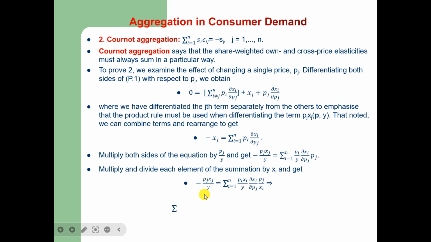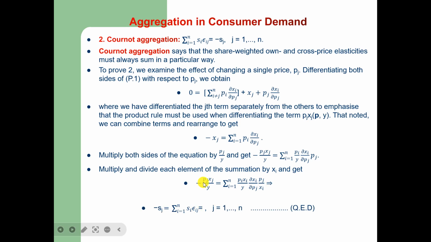We get this: minus Pj xj over y is equal to summation i varies from 1 to n, Pi xi over y times this, the cross price elasticity, del xi over del Pj, Pj over xi.